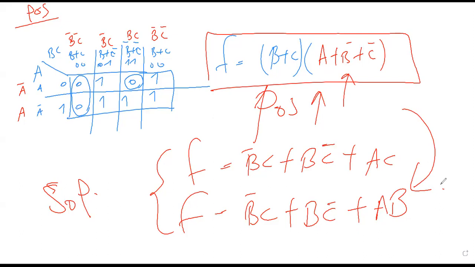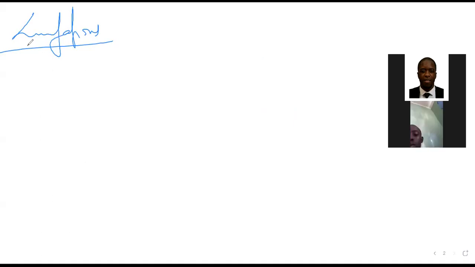We have limitations. The Kano map has its limitations. Right, one, it is only efficient for circuits which have a small number of bits, and it gets confusing for higher bit representation.